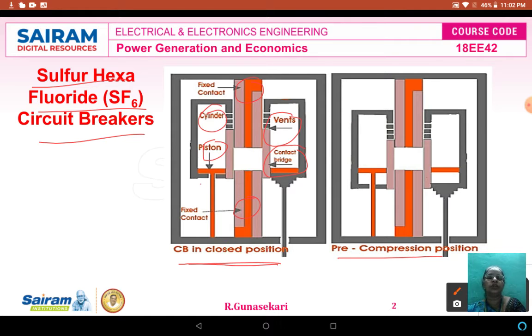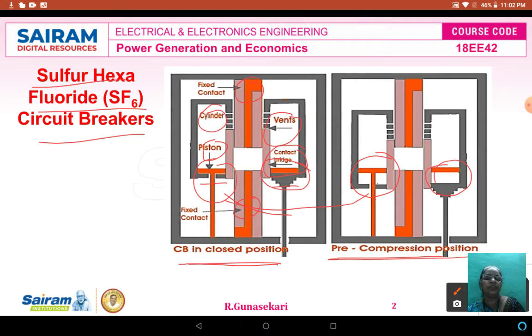You see this is closed. This is also closed. But in the pre-compression position, compared to this position, you see this is open. So here you see the contact bridge. That means this one is closed, but this one is open.